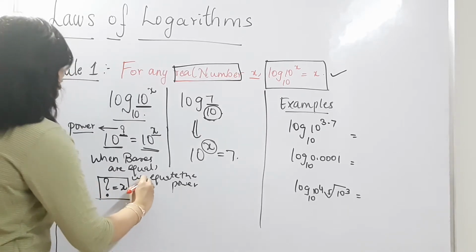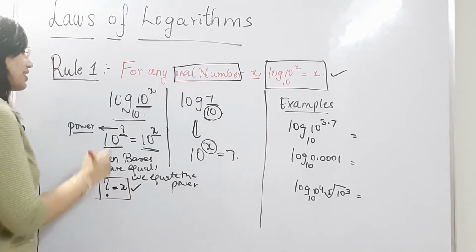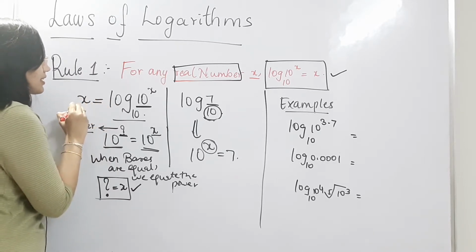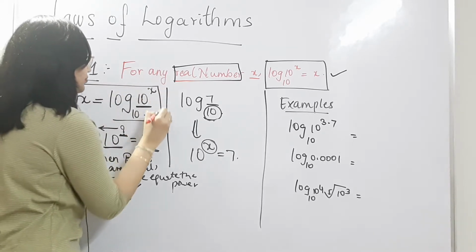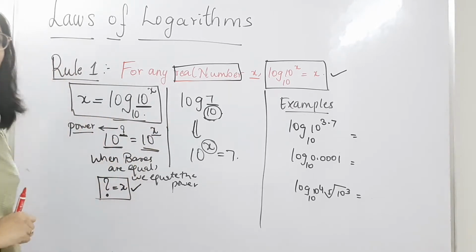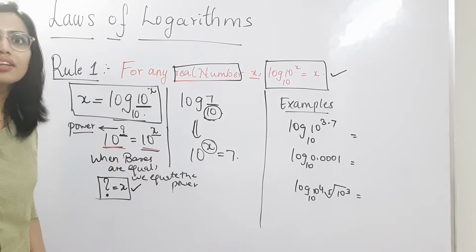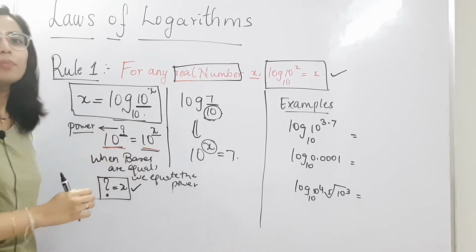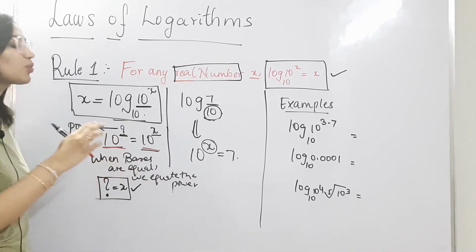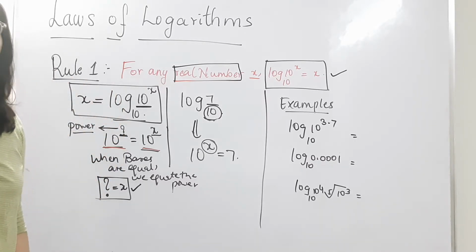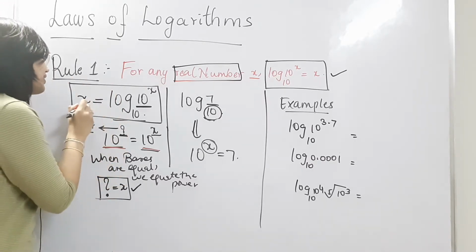Yes. So, can we not say that this entire value is x? Because 10 to the power of x is nothing but 10 to the power of something. So, when bases are equal, we equate the power. So, what is that power to which 10 must be raised in order to get 10 to the power of x? Nothing but x itself.